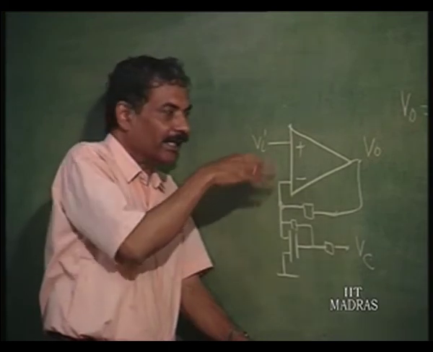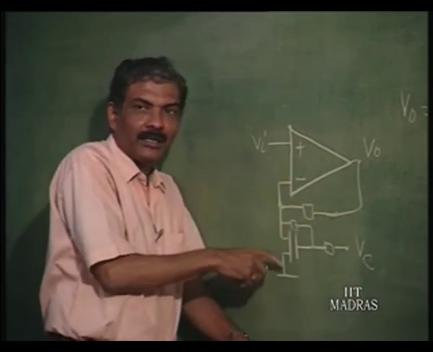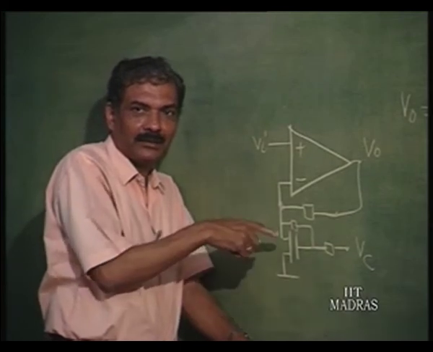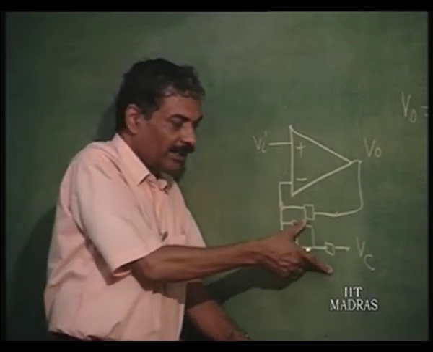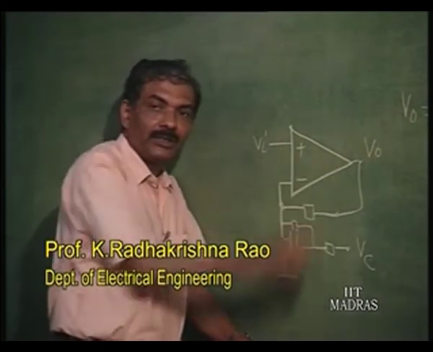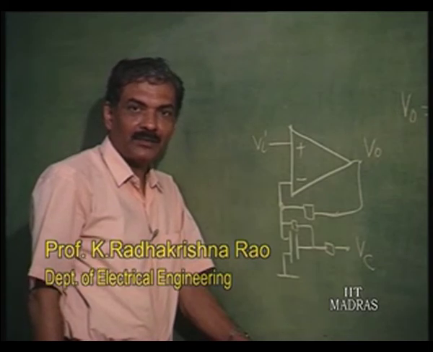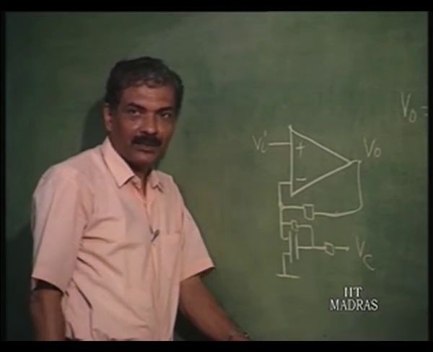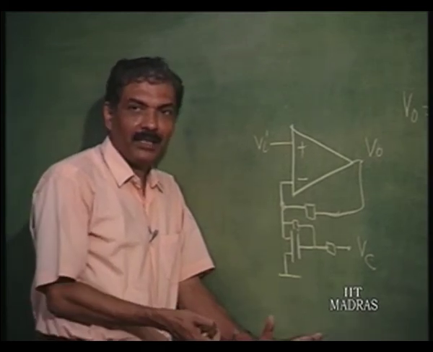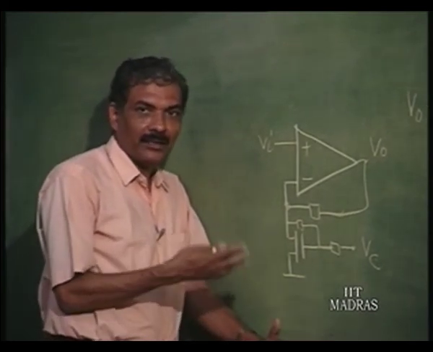If it is higher than what I want, I reduce the gain. If it is lower than what I want, I increase the gain. So, this gain is controlled so that whatever be the value of input voltage, output remains constant. That is what is meant by automatic gain control or automatic volume control. That requires obviously a multiplier or a gain control amplifier.